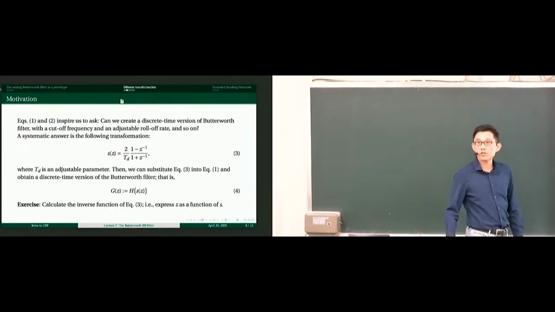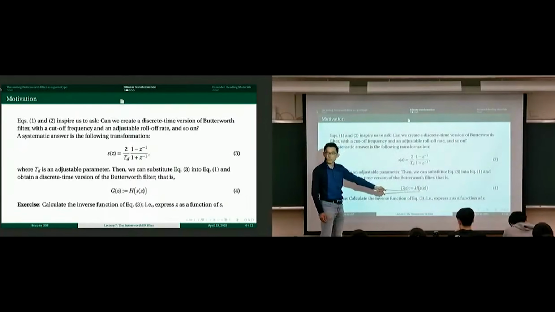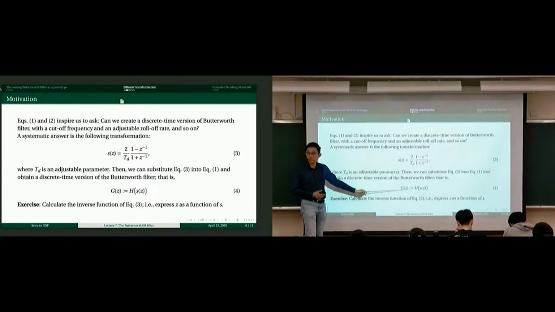H is a function of S, so H is in the S domain. Now, whenever you see S, make a substitution, rewrite S as a function of Z. Is that clear? Whenever you see S, rewrite S as a function of Z, and then the result will become a function of Z.